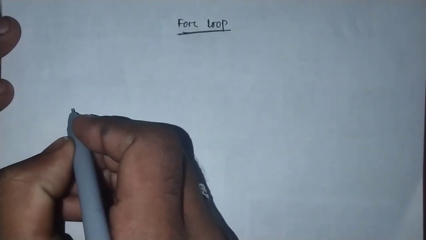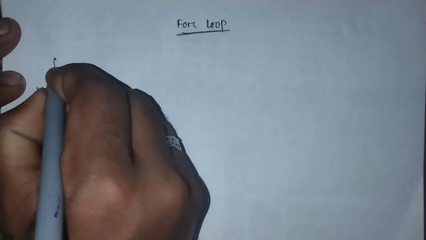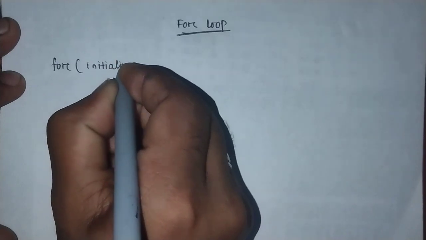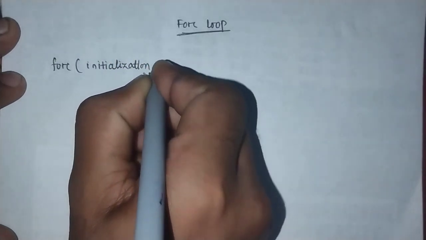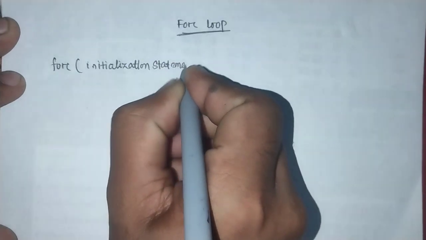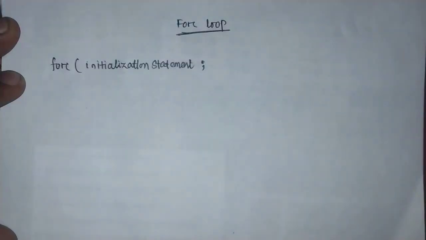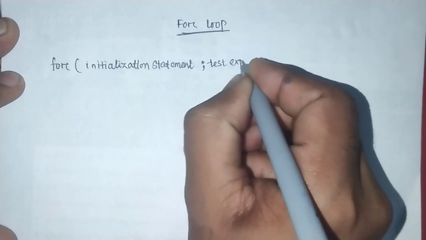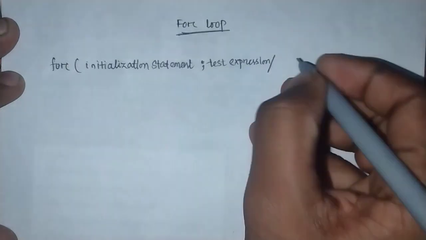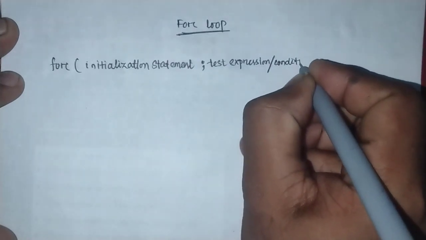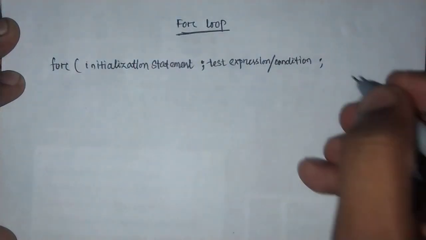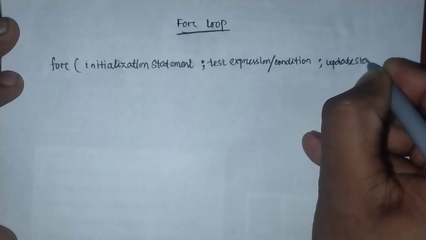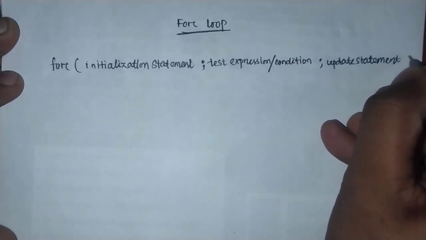First of all, the syntax of the for loop is: for, initialization statement, after that a semicolon, then the test expression or condition, then a semicolon, after that an update statement, that may be an increment or a decrement operator.